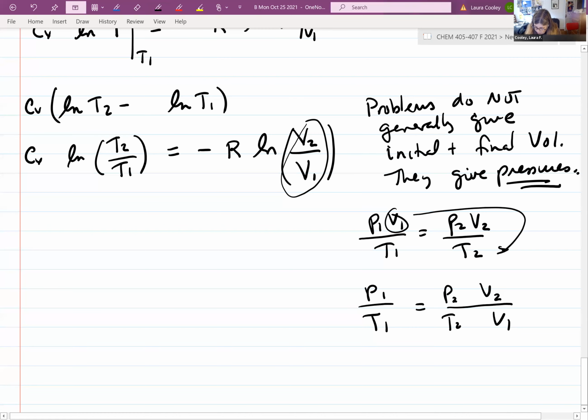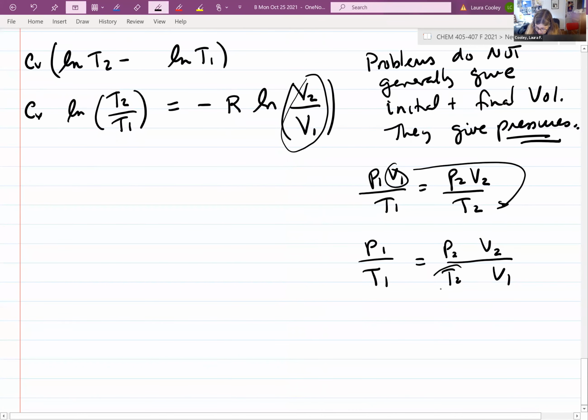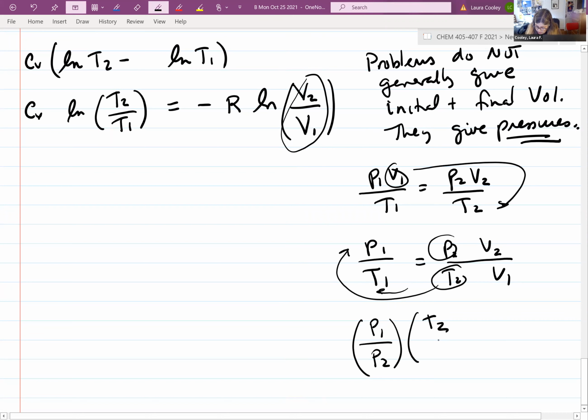And if I move T2 to the left on top, T1 goes here on the bottom. So it'll be P1 over P2, T2 over T1 equals V2 over V1. So a little algebra. If you didn't like mine, you can do it slower.